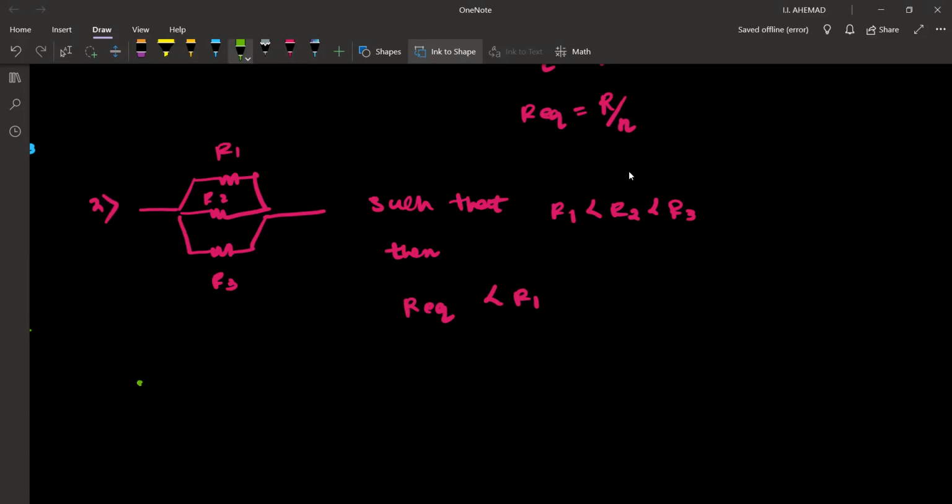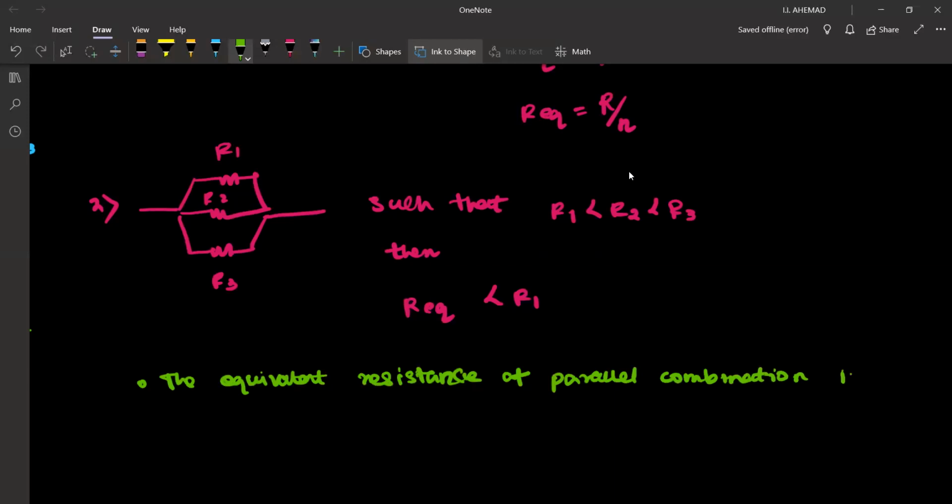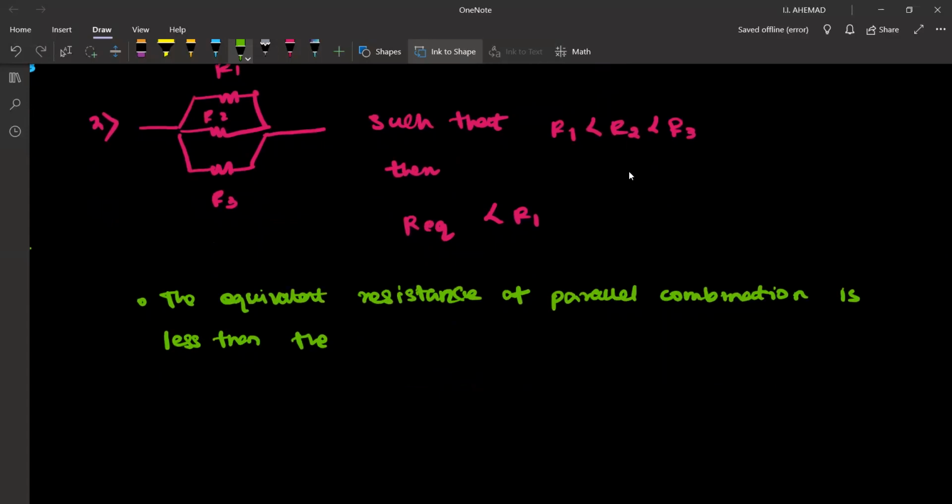So we can tell the equivalent resistance of a parallel combination is less than the least resistance.